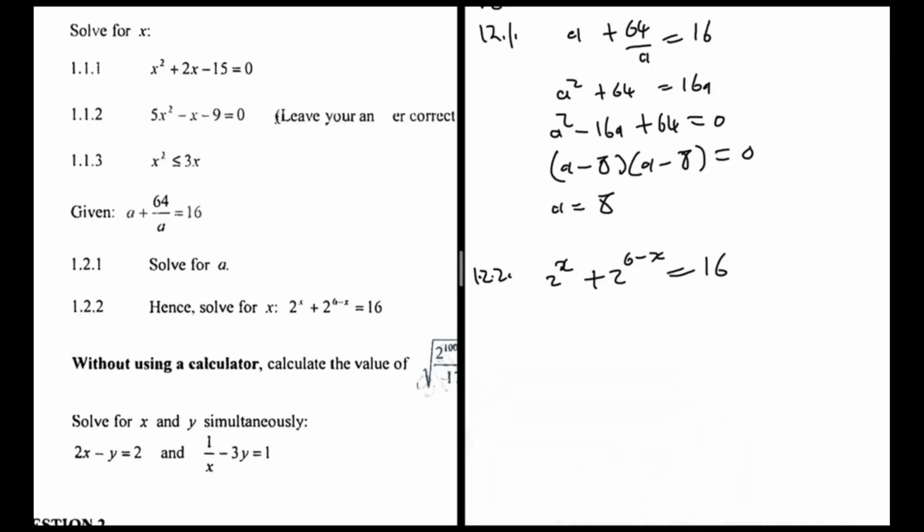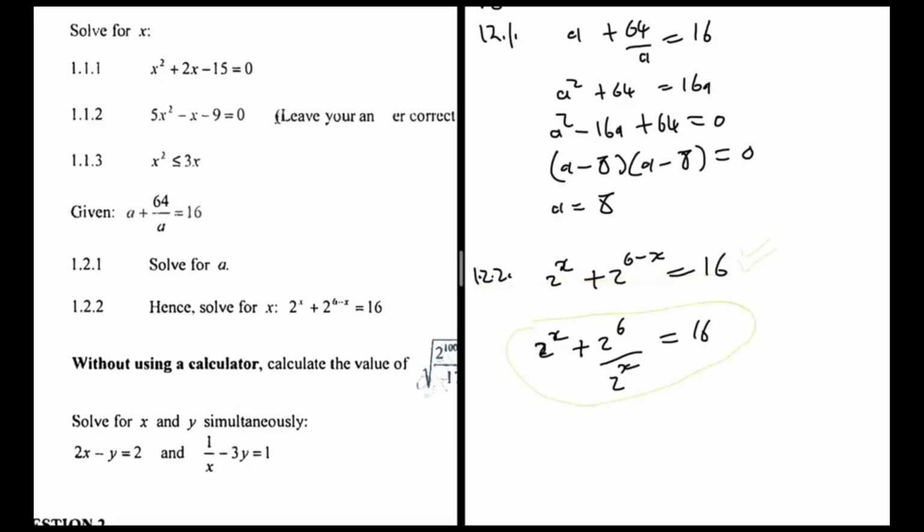So if I let a be 2 to the power of x, we'll have 2 to the power of x plus 2 to the power of 6 divided by 2 to the power of x equals 16, right? And then if you solve this and make it linear, this is what you get.